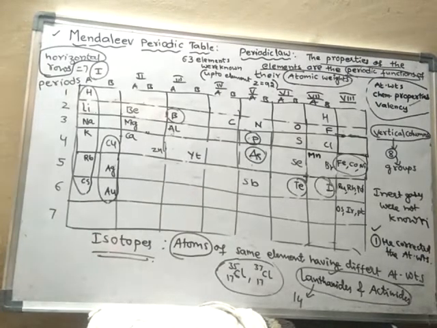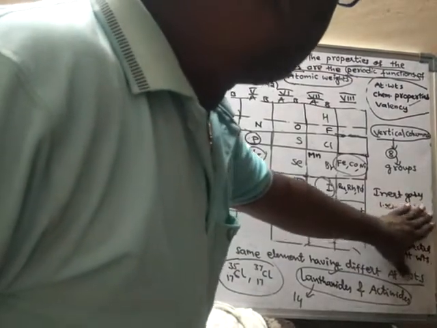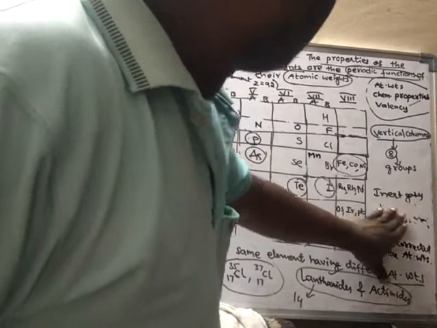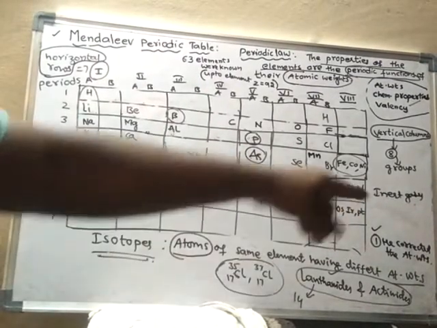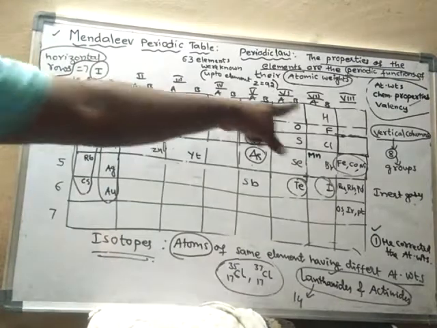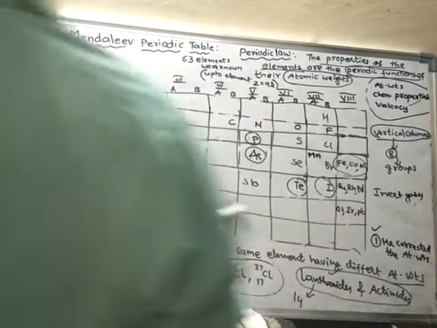But later, inert gases were discovered. After Mendeleev presented his periodic table, inert gases were discovered. Now, with the discovery of inert gases, the Mendeleev periodic table got one more group.